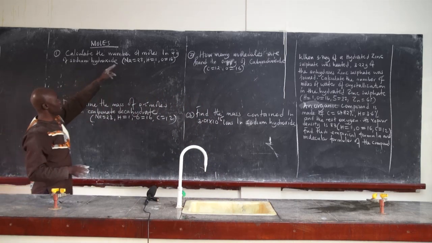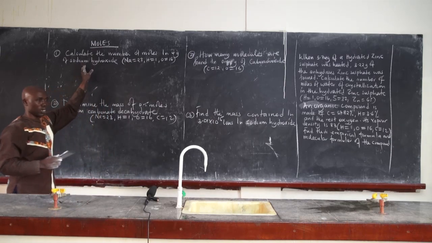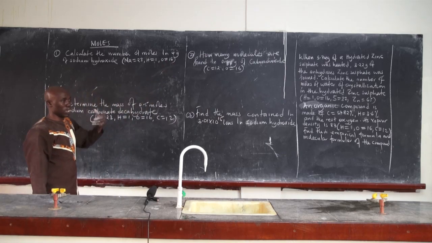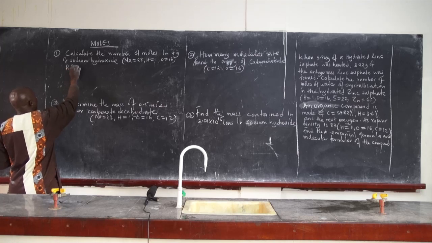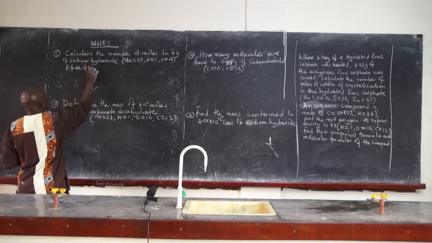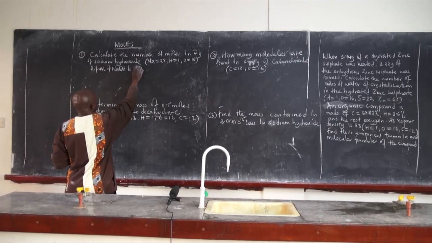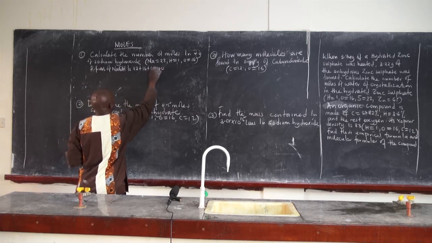Calculate the number of moles in 4 grams of sodium hydroxide. The question has given us a mass, so we need the RFM of sodium hydroxide. The RFM of sodium hydroxide is sodium 23 plus oxygen 16 plus 1, which is exactly 40.